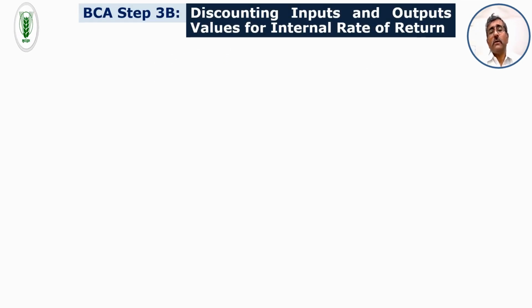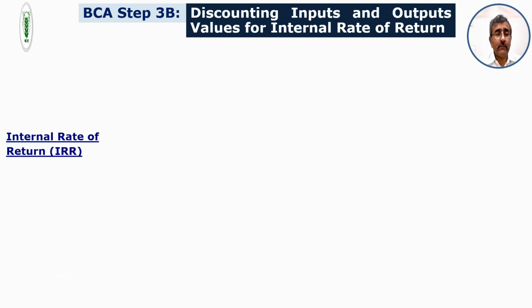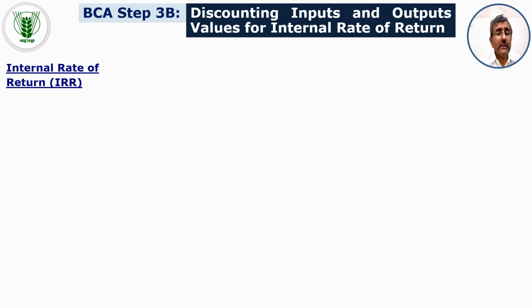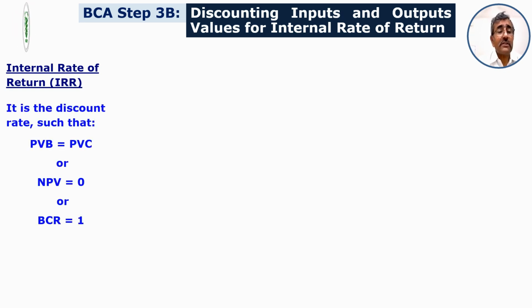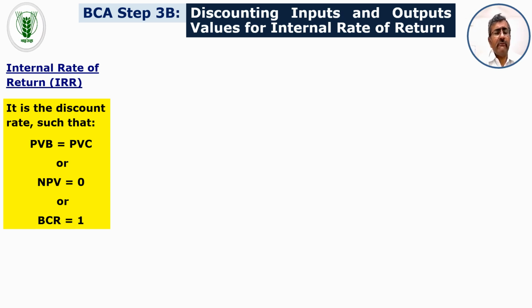The fourth indicator of benefit cost analysis is the internal rate of return. What is internal rate of return? It is the discount rate such that net present value is 0, benefit cost ratio is equal to 1, or the present value of benefits is equal to present value of costs.